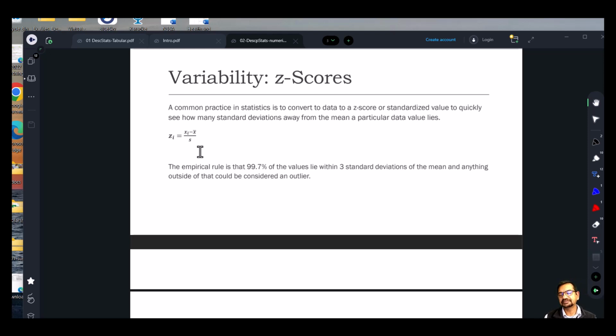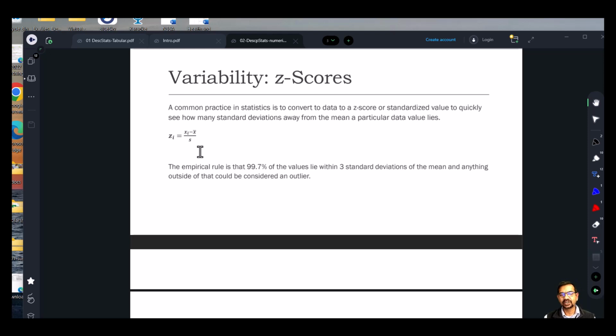And this also helps us easily identify outliers. The empirical rule of the normal distribution, which is the bell-shaped curve, is that 99.7% of the observations lie within 3 standard deviations of the mean. So once we convert a series into its own standard deviations away from its own mean, any number more than 3 or less than -3 would be considered an outlier because it would be beyond 99.7% of the values that might be in that data set.